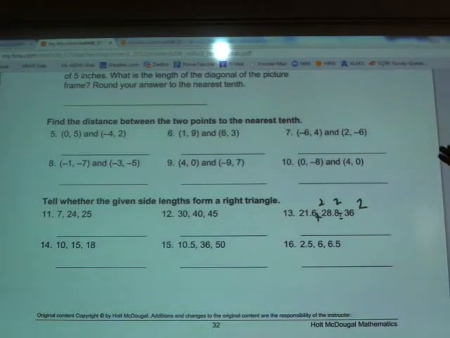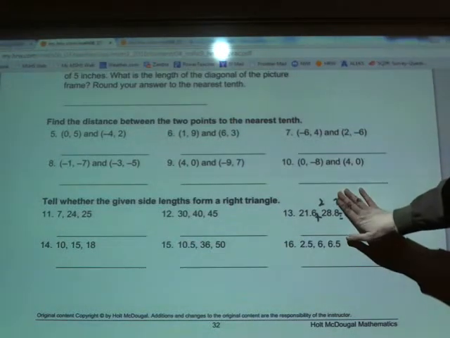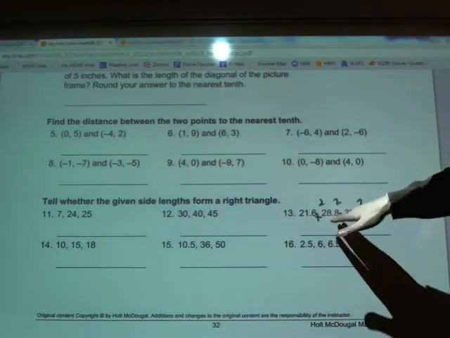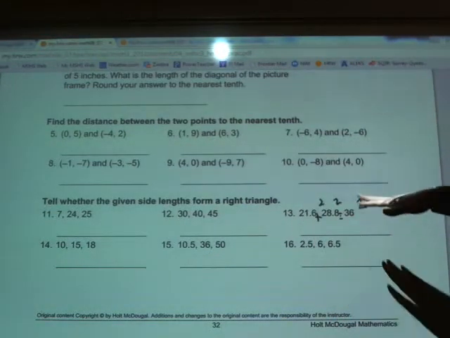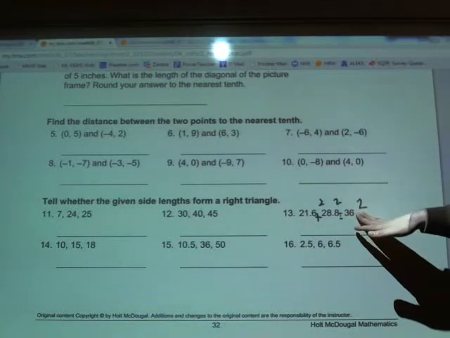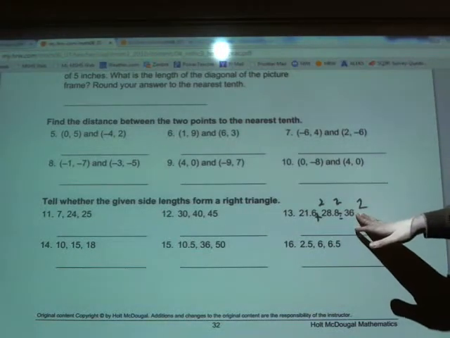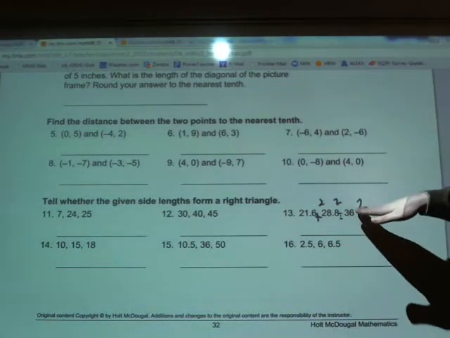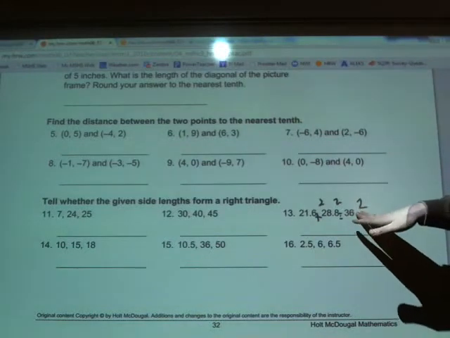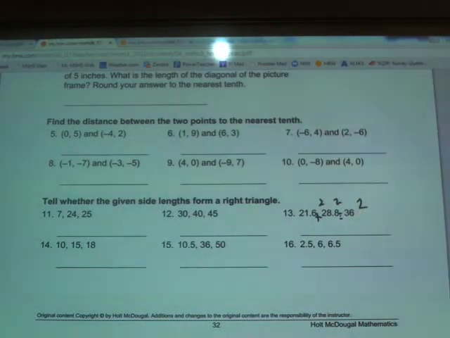You could forget that this says 36 and run through the formula like we did yesterday: square these, add them up, take the square root, and then make sure the result is the same as what would give an answer of 36. That's a little bit more work. Squaring these, adding them up, and making sure it's the same as this will probably be less work, and you won't have to worry about taking the square root.